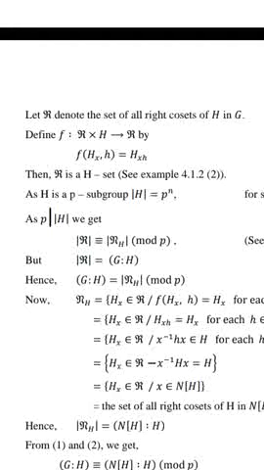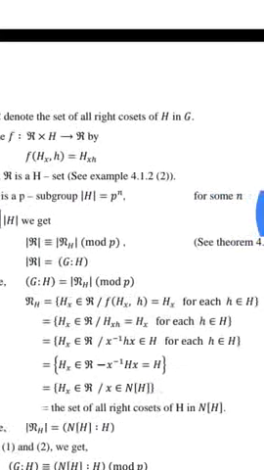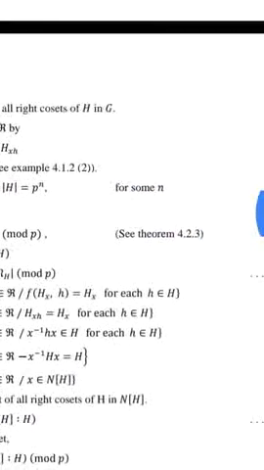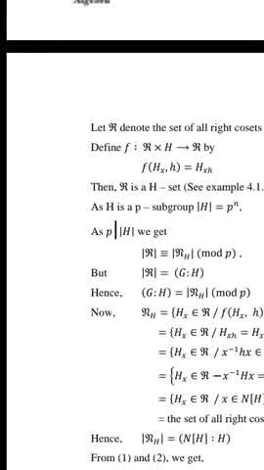Then R is an H-set. As H is a p-subgroup, the order of H is equal to p raised to n for some n. As p divides the order of H, we get the cardinality of R is congruent to the cardinality of R_H modulo p.